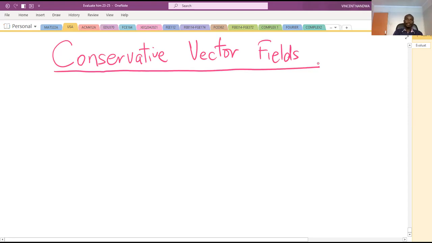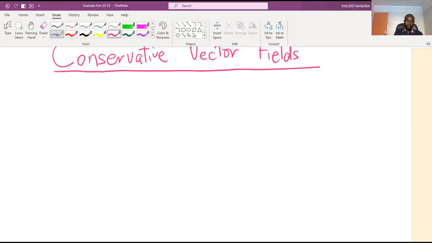So we start by defining what we mean by a conservative vector field. So, definition.